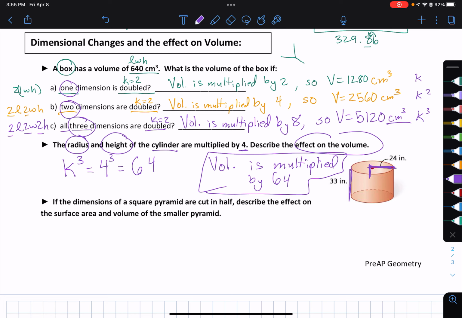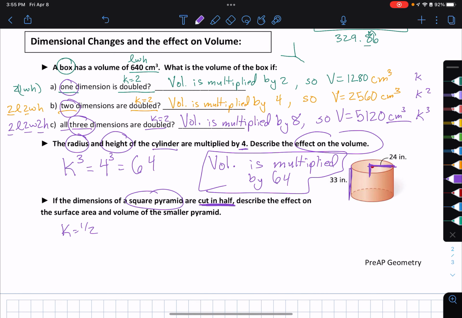So last one. It says the dimensions of a square pyramid are cut in half. So our scale factor is 1/2. And it says the dimensions, so that means it's all. So just like the last one, we're talking about the effect on the surface area and the volume. So for surface area, when we change all the dimensions, we just do K squared. So 1/2 squared is 1/4.